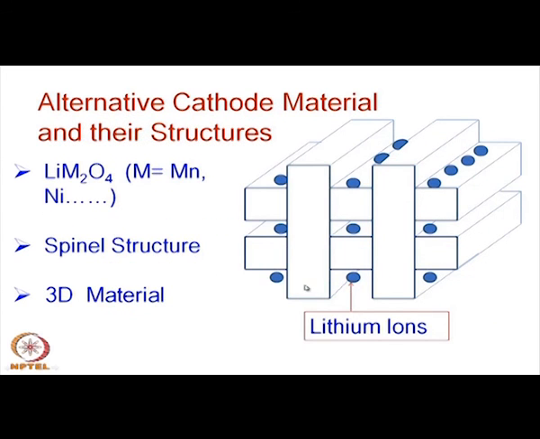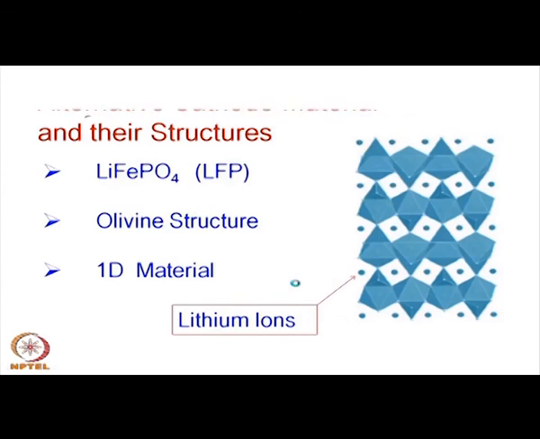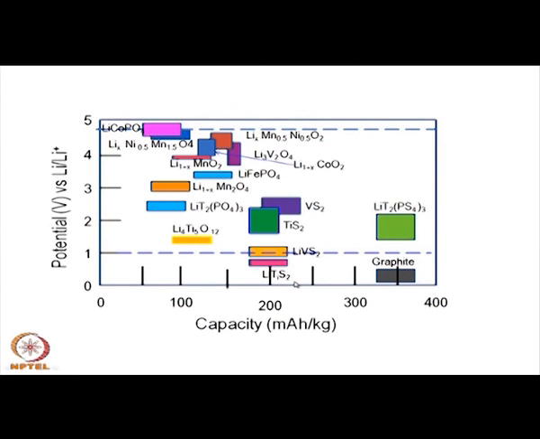So, here capacity has been plotted against potential, once again up to 5 volts one can have. Here is our lithium cobaltite. Okay. So, this is the LiCoO2 structure, and one can have about 100 to 200. These are again not very precise, but kind of schematics, relative values are given.